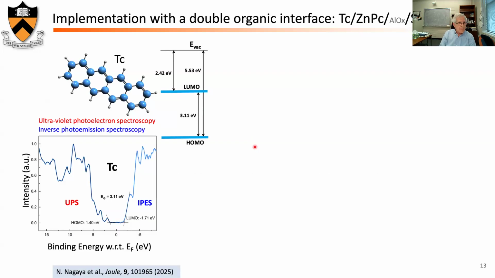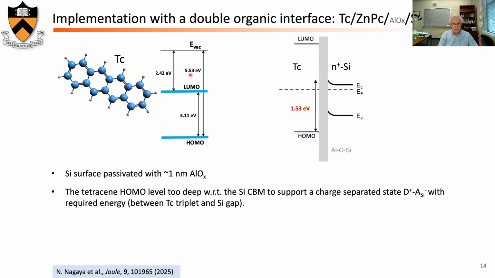Looking back at tetrazine, we do a lot of electron spectroscopy, looking at ultraviolet and inverse photoemission spectroscopy. You can determine the valence state and conduction state, and therefore the position of the HOMO-LUMO with respect to vacuum level, which means the ionization energy and electron affinity of the material. Here, the tetrazine has an ionization energy of about 5.5 electron volts.